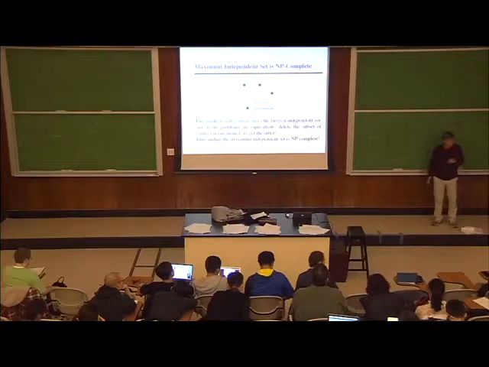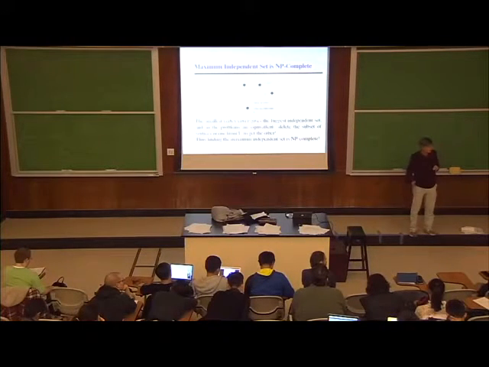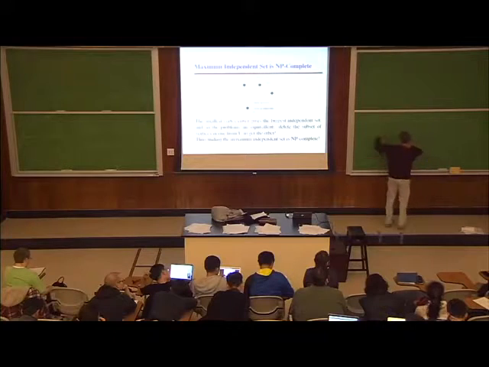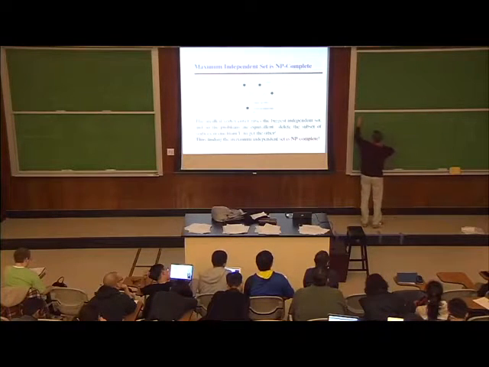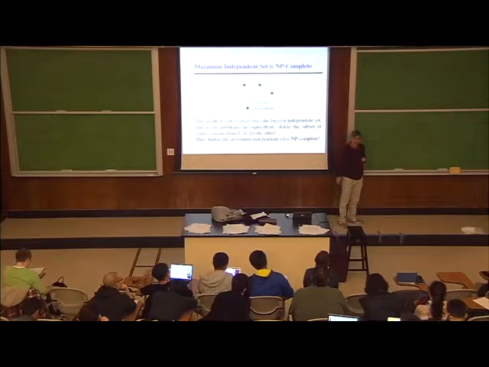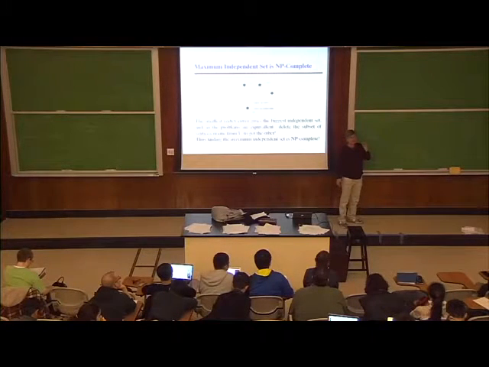Okay, yes? Can you also show that maximum independent set is hard using the same way you showed that vertex cover is hard? Could I have started from satisfiability and translated it into a maximum independent set? The answer is yes.